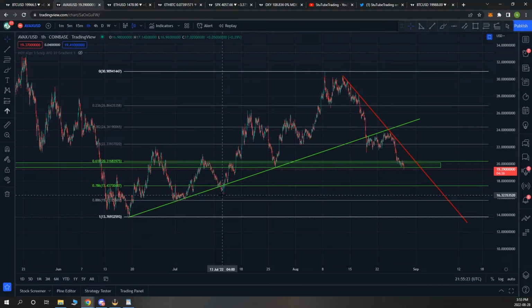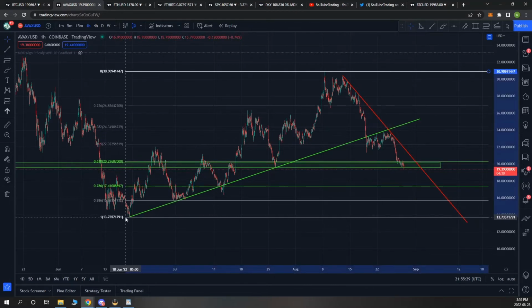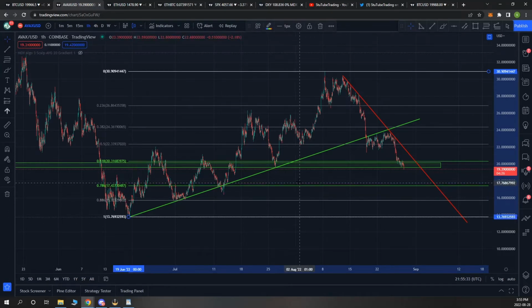Would you do it from the wick or the close? I'm doing it from the wick, June 19. So yeah, June 19, you're just blowing through the 6.6 that I usually have on mine, and then it's hitting value area low as well.